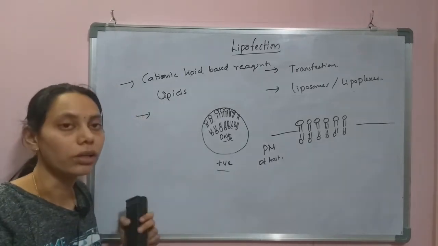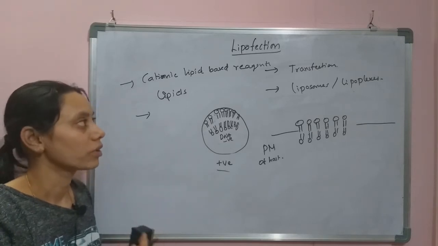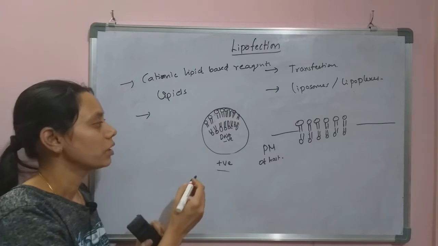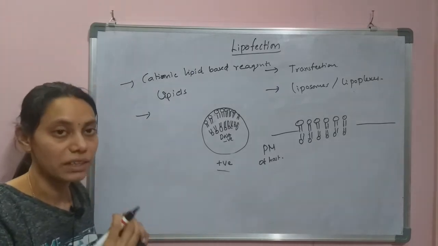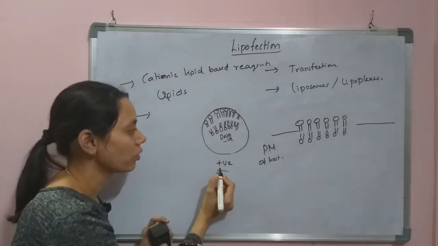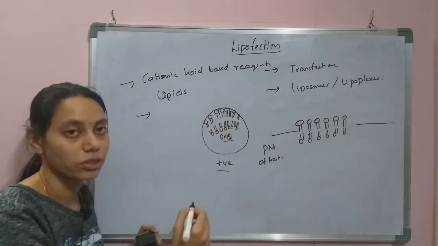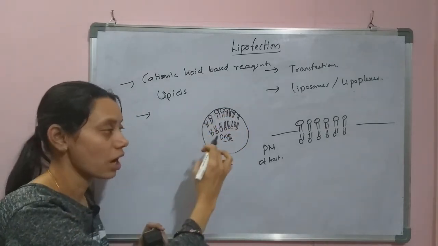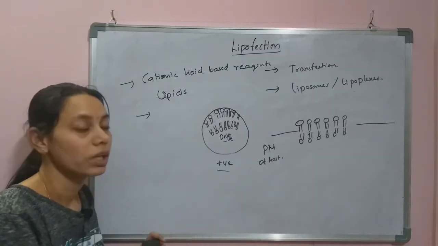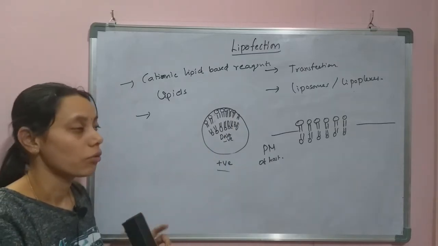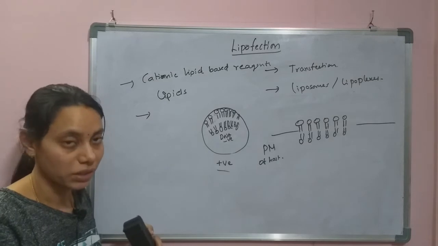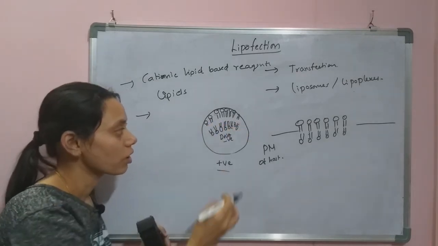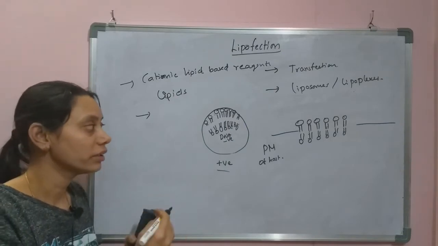Because of their hydrophobic tails, they spontaneously produce this vesicle structure, and the hydrophilic portion will come out and be exposed to the water in the media, and the hydrophobic portion will be internalized inside the bilayer.